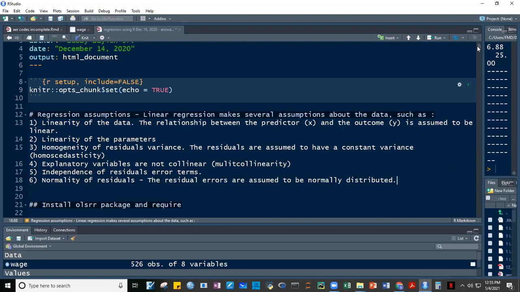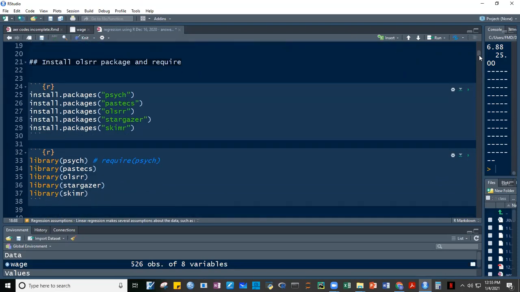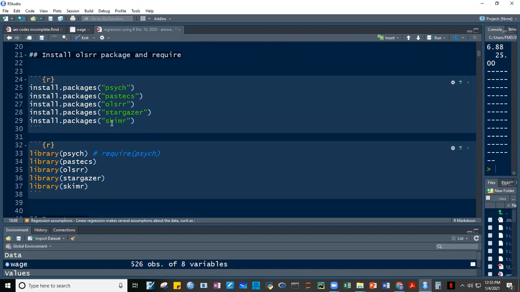Alright, so last time we started, diba, ito yung ginamit natin ng packages. So I'm sure you have already installed these packages, yung Psych, Pastex, OLSRR, Stargazer, SchemR. Okay, so may I request you to please require it, either library or require.